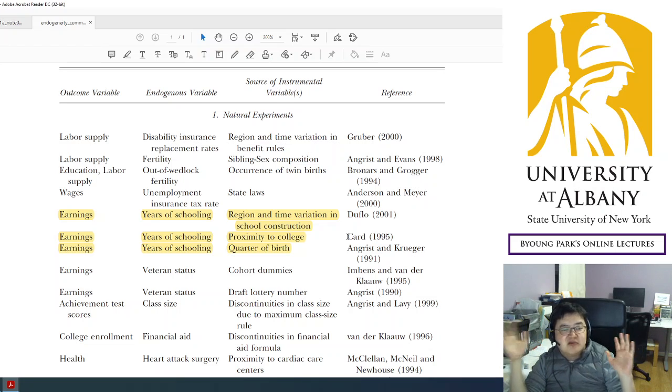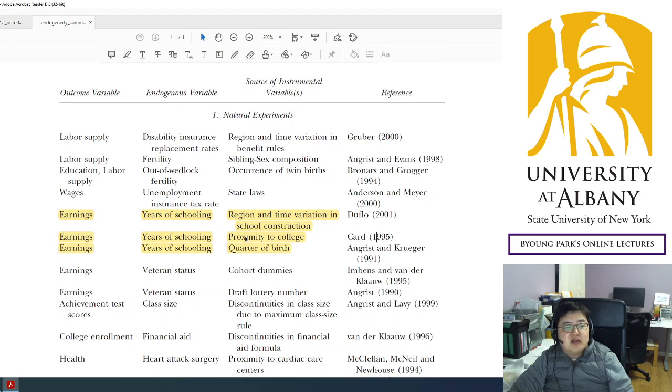However, when the high school is constructed is purely random. It has nothing to do with your earnings and your intelligence. So it satisfies the independence condition. So think about independence and relevance, or exclusion and relevance conditions. That's what I explained here.